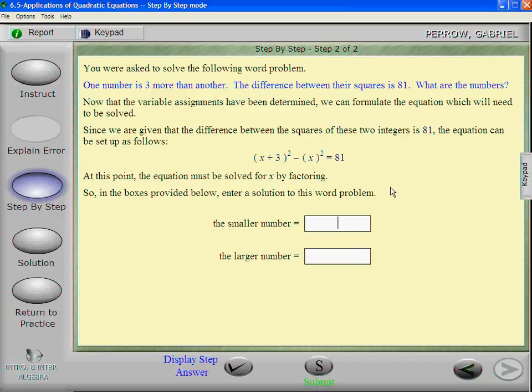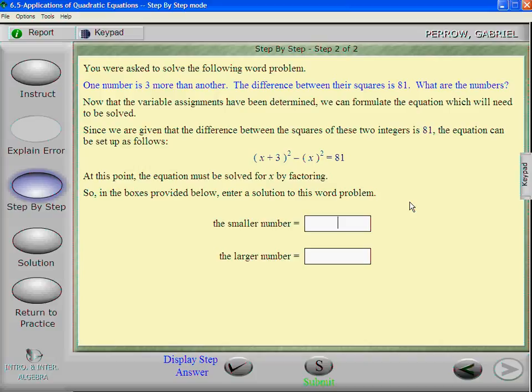And then in the next step it says, if the difference of their squares is 81, we're saying x plus 3 squared, take away x squared, should equal 81. So that becomes the problem to solve. They just want the answers right here, so I can't show you step by step what to do from here.